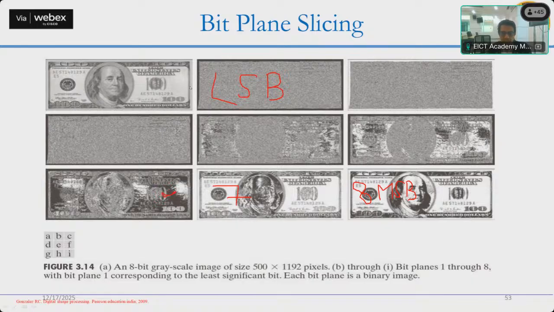Such a reduction. As we have already seen in the problem day before yesterday, a reduction in the size of the bits can really help in compression as well as in fast communication. I hope you are able to understand the significance of bit plane slicing. Any question?